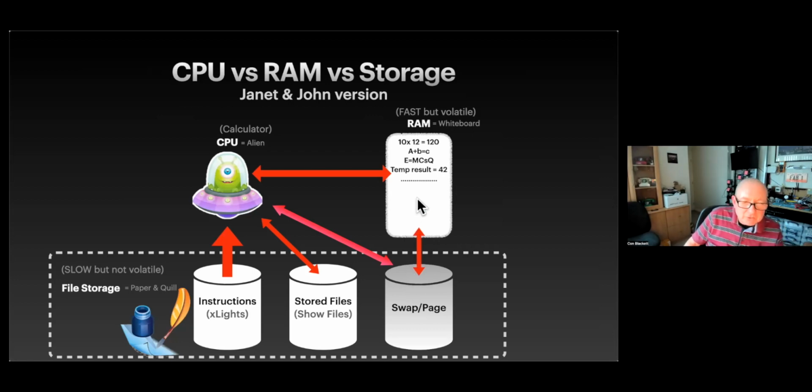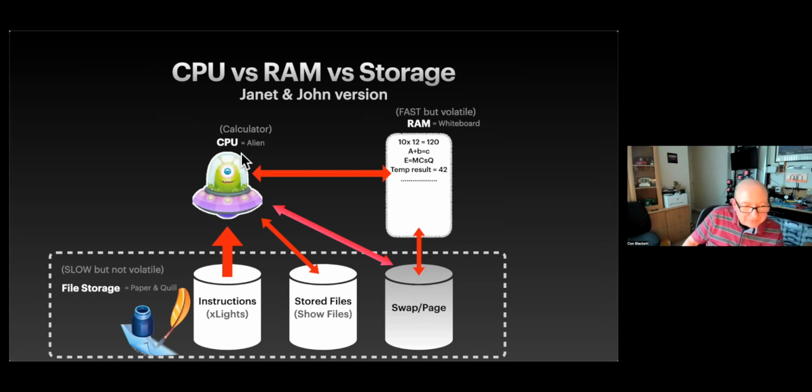Say you've got 4 gigabytes of RAM, and your little alien runs out of room on his whiteboard, that information gets copied onto the slower file storage. We know that in our terms as hard drives or SSD drives. But compared to RAM, which is very fast, it's quite slow.